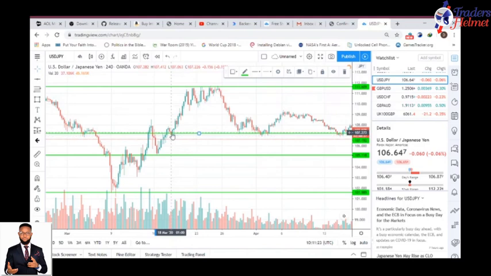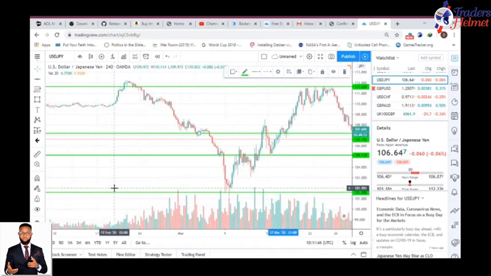So you have your support, you have your resistance, and then you have your new resistance, which then becomes your new support. And as the price moves and breaks this upward, it is pursuing the new resistance. The journey began here and it got to this point.